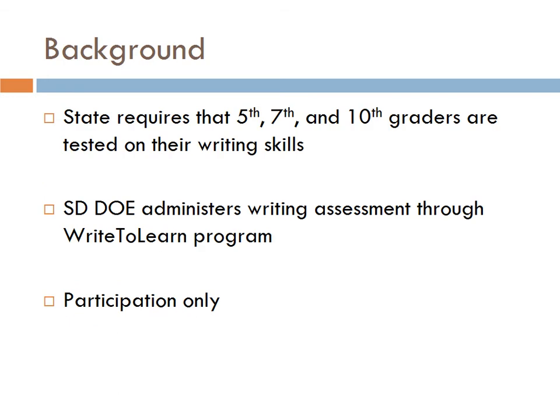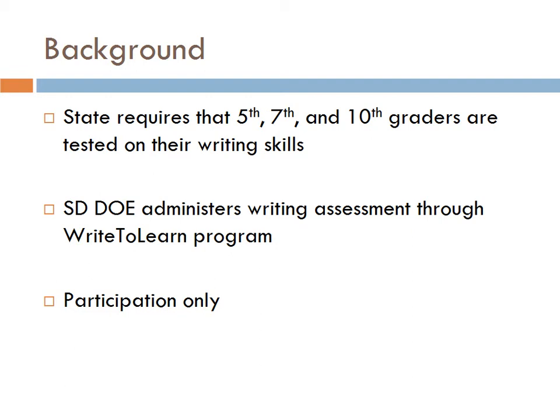Alright, so first off, a background. The state of South Dakota requires that 5th, 7th, and 10th graders are tested on their writing skills. The program that we use for this is WriteToLearn. So the Department of Education administers the writing assessment through the WriteToLearn program. Teachers, you'll choose 2 different essay prompts you want your students to write to.